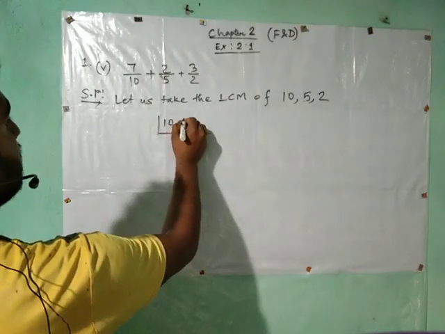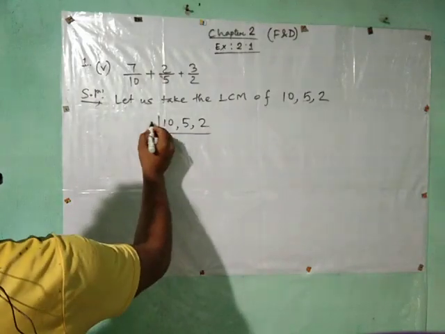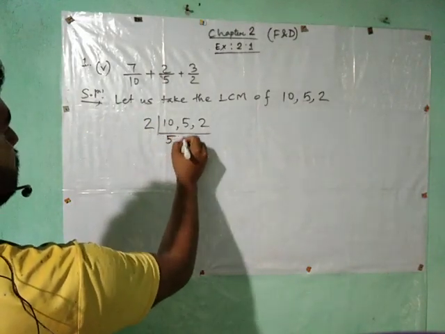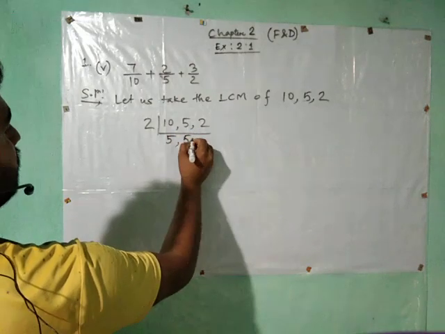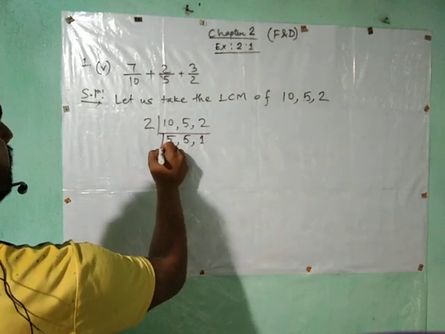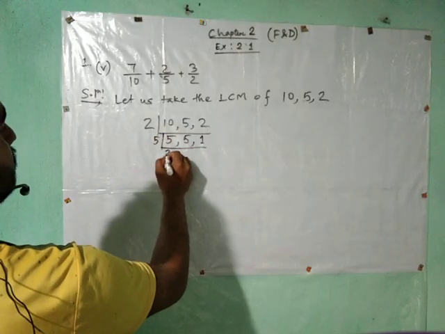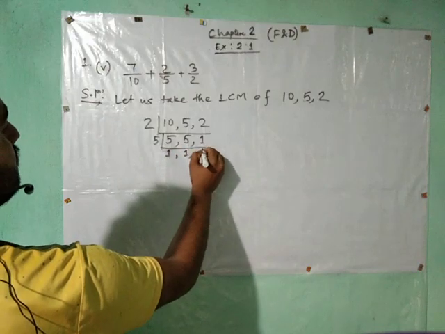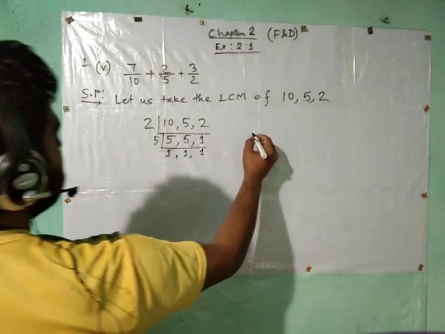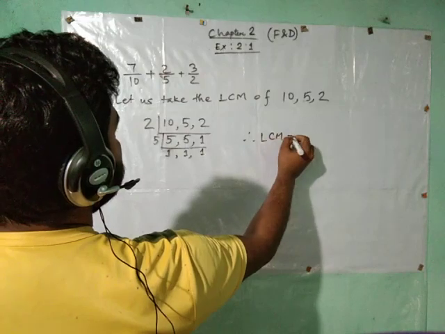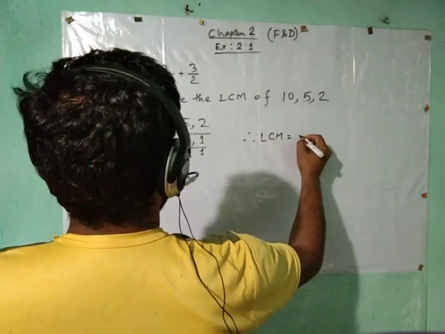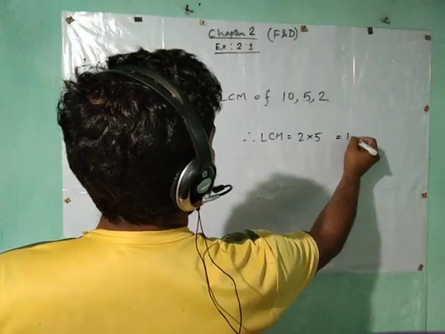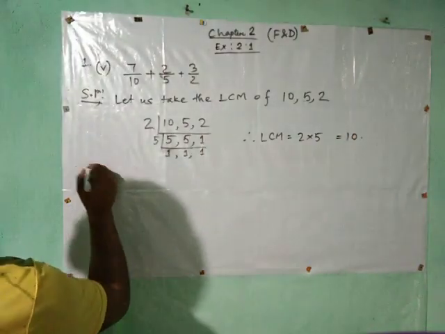If you take the LCM, first you have to try dividing by 2. 2 5s are 10, so it will come 5. 2 1s are 2. Now again by 5: 5 1s are 5, and this one is also 1. So what will be our LCM? Therefore LCM equals 2 into 5 into 1 into 1 into 1. This answer will be 10.